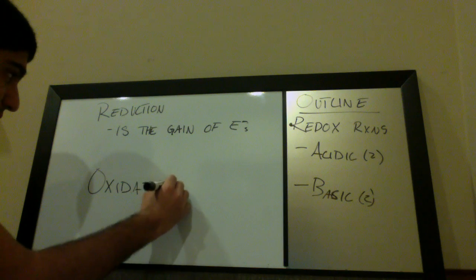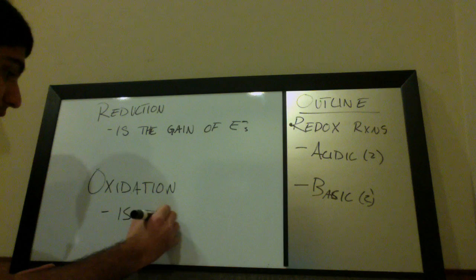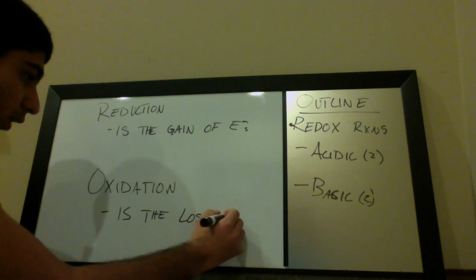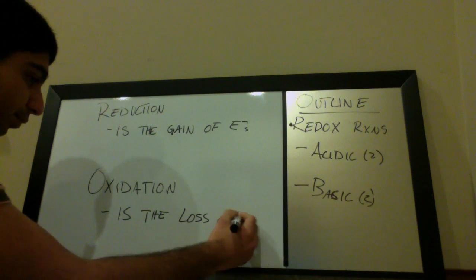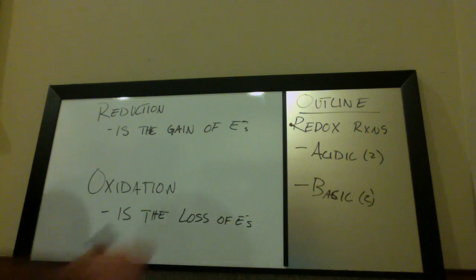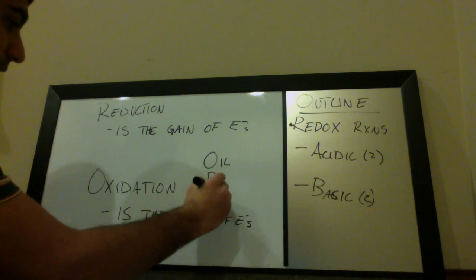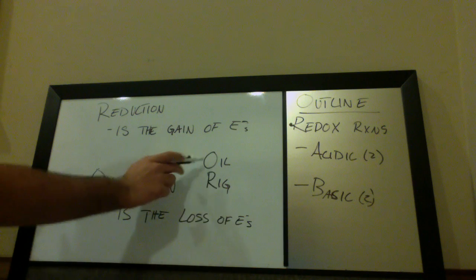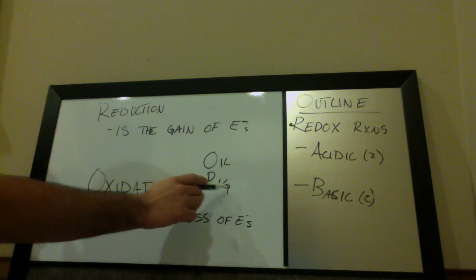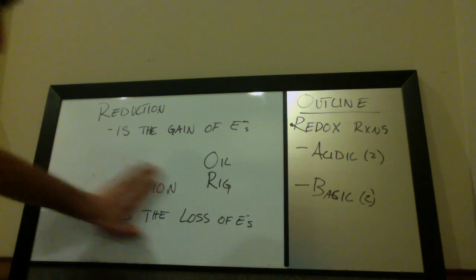Oxidation is the loss of electrons. A simple way to remember this is OIL RIG, O-I-L-R-I-G. Oxidation is loss, reduction is gain. That is basically a definition of oxidation reduction.